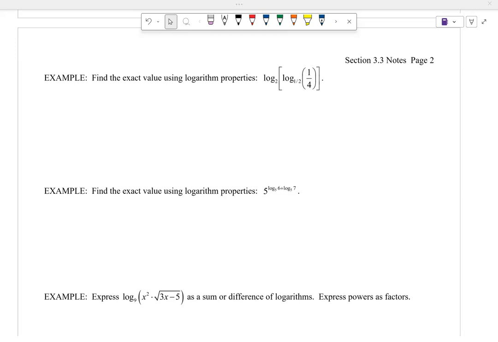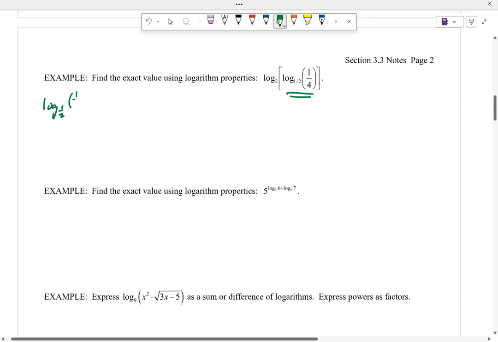All right, let's go ahead and do these examples now. Notice I have log base 2 of this log base a half of 1/4. I'm going to start with this inside. Let's just take this log base a half of 1/4. Now, what I know is log base b of b to the r is r.